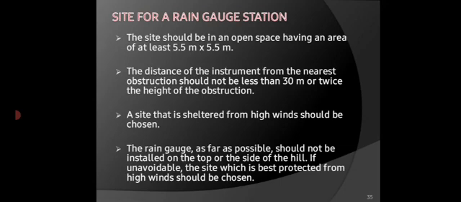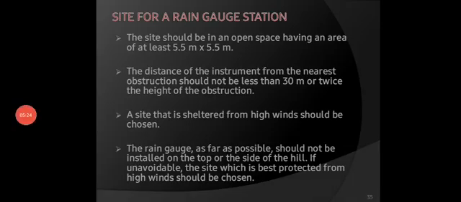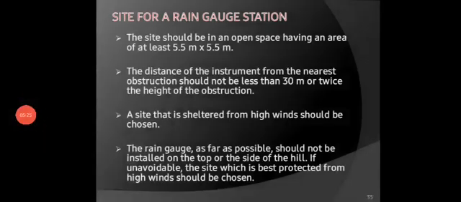The distance of the instrument from the nearest obstruction should not be less than 30 meter or twice the height of the obstruction. A site that is sheltered from high wind should be chosen. The rain gauge, as far as possible, should not be installed on the top or side of a hill. If unavoidable, the site which is best protected from high winds should be chosen.